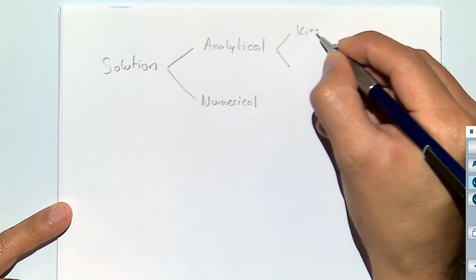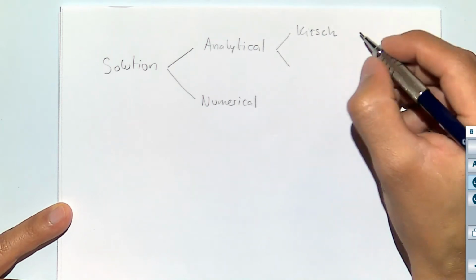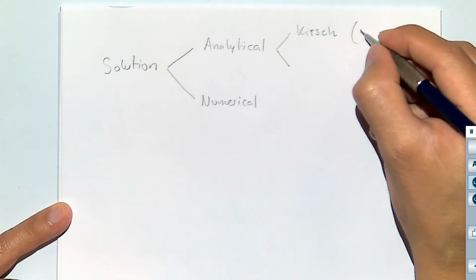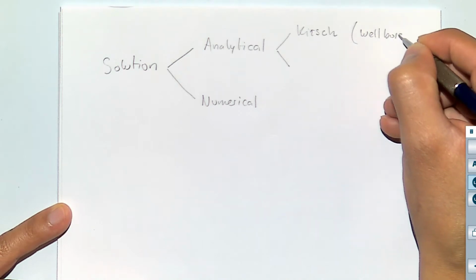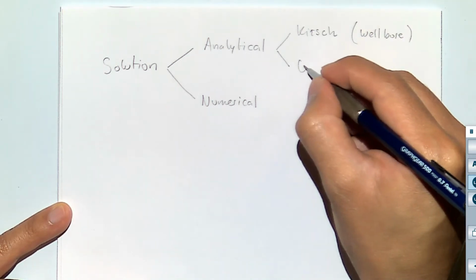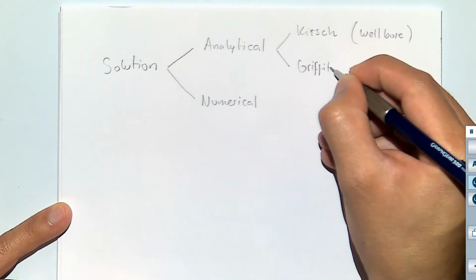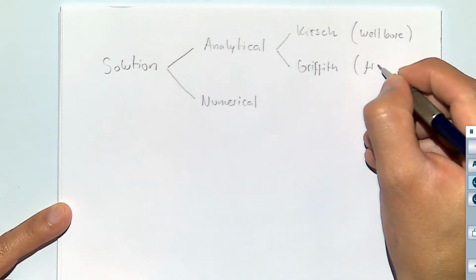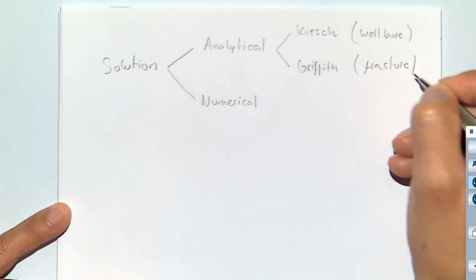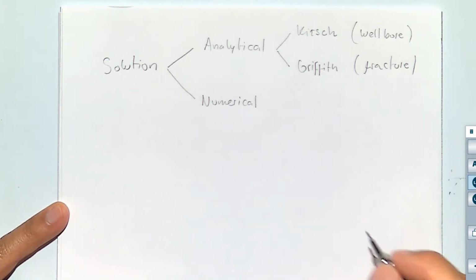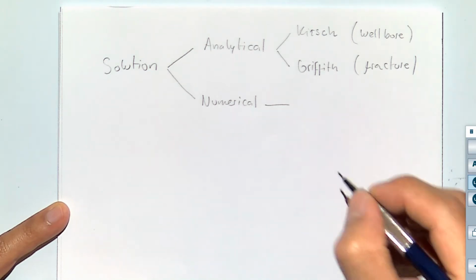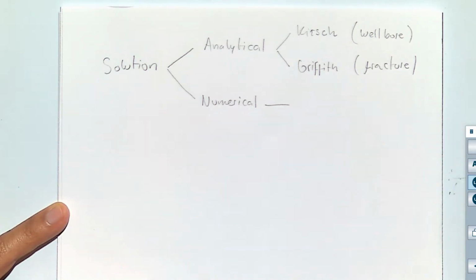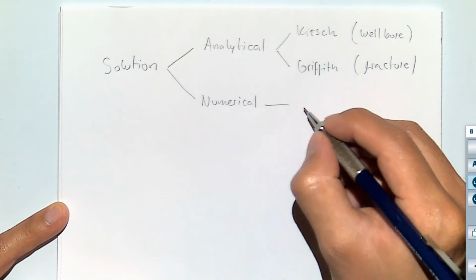And here, when we go into wellbore stability, we'll talk about the Kirsch equations. When we talk about fractures, we'll talk about the Griffith solution for a fracture. And for the numerical, we'll not do this, but when we get later on to solve some problems of depletion, hopefully we'll get there.